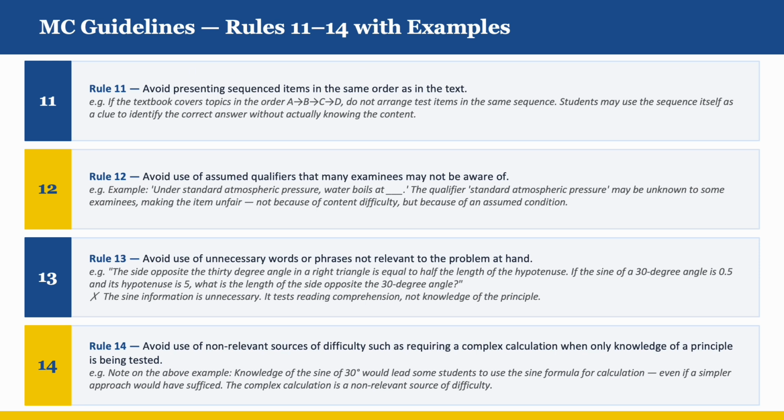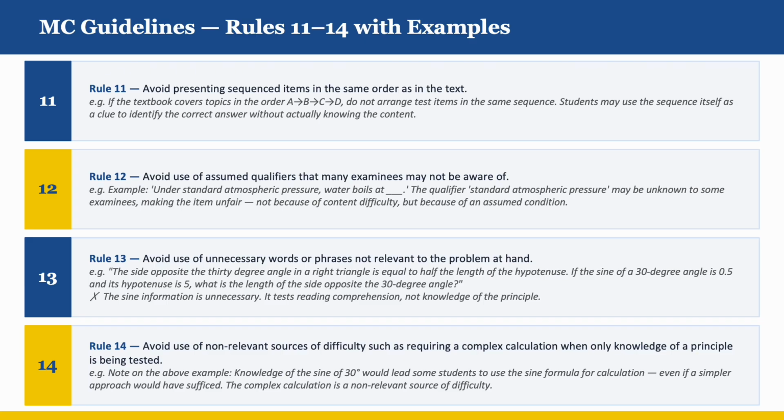Rule number 13: Don't add unnecessary information to the stem. We already covered this with rule number 5 using the sign example. Extra information that is not needed to answer the question just clutters the item and tests reading comprehension instead of subject knowledge.